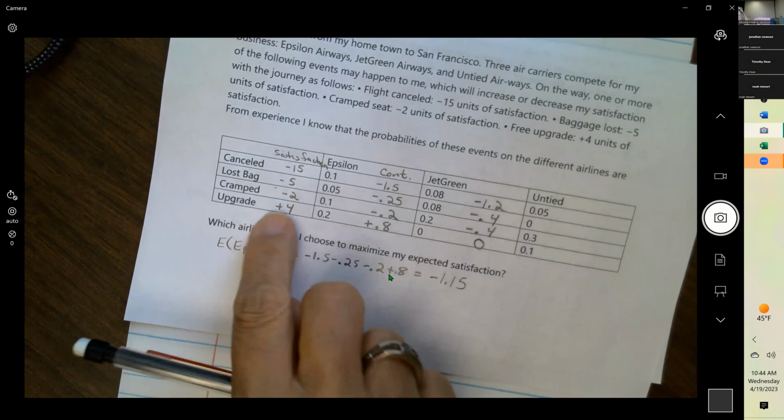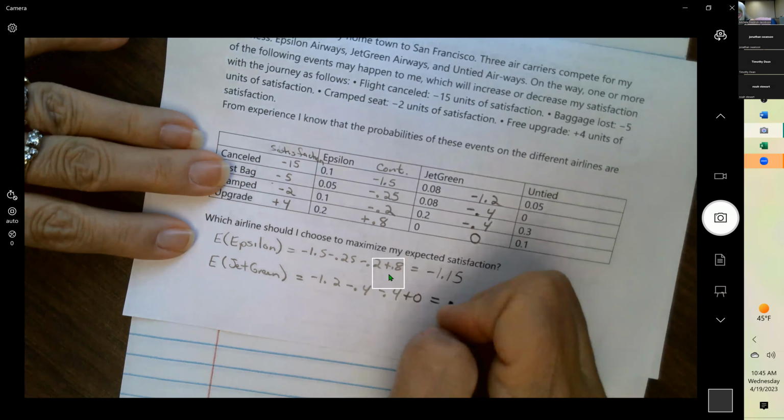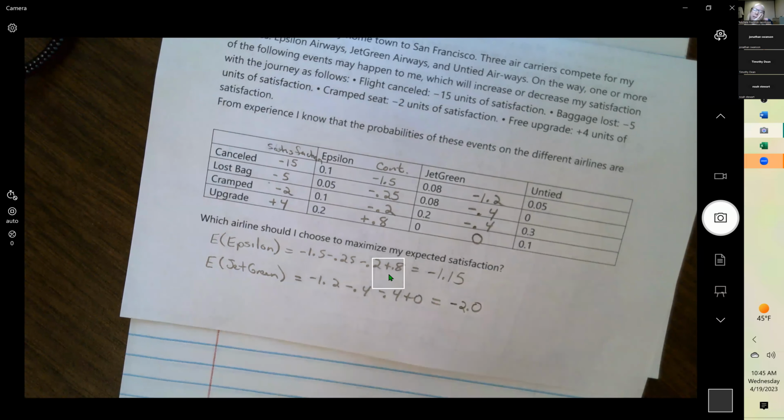They're not going to give an upgrade. Your satisfaction for this flight isn't looking so good. No, it's not, is it? I'm definitely not taking this one. You're getting a -2.